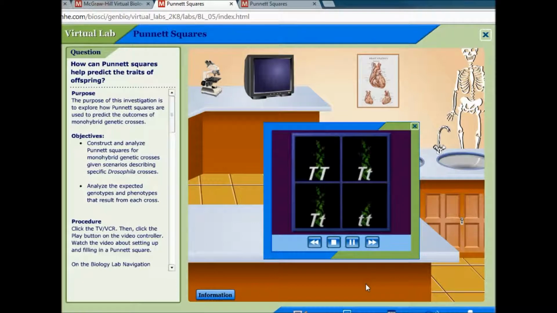Okay, let's talk about those for a second. If you remember, this means homozygous, they're the same, and the capital T means it's dominant. So tall is dominant, and the probability is 1 in 4, every single time that dice is rolled and an offspring is formed, that you'll end up with that genotype of capital T, and the phenotype of a tall plant.